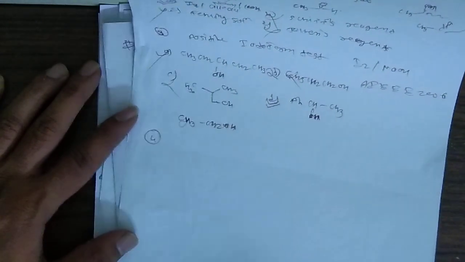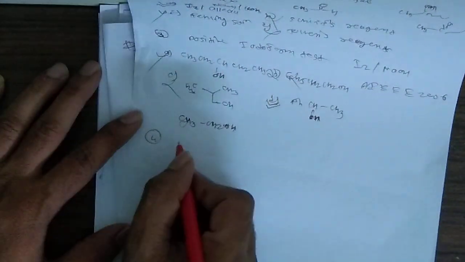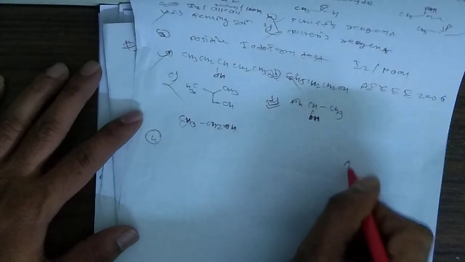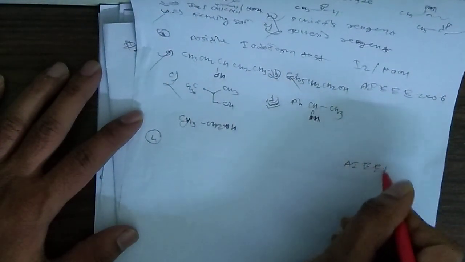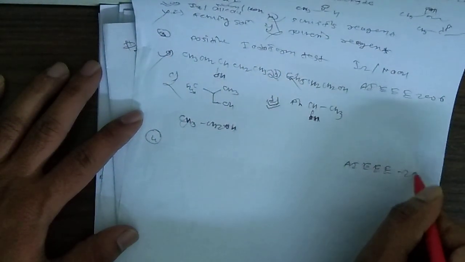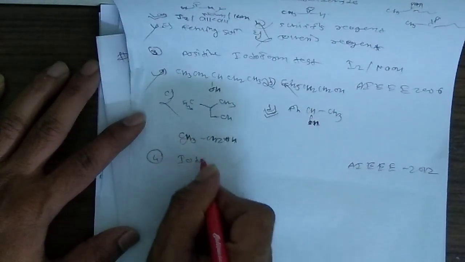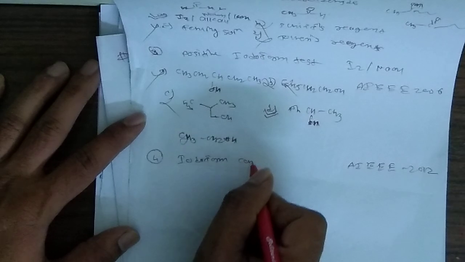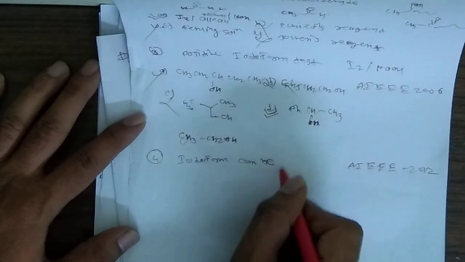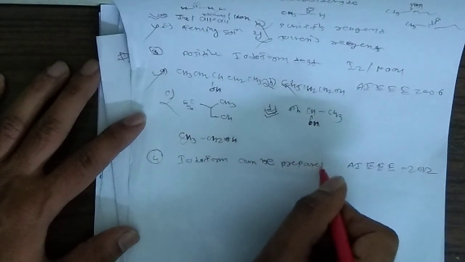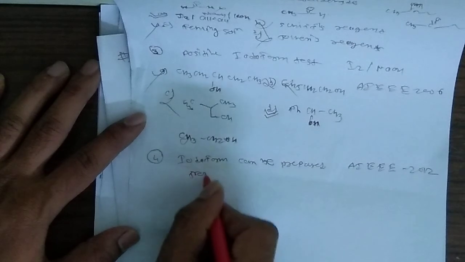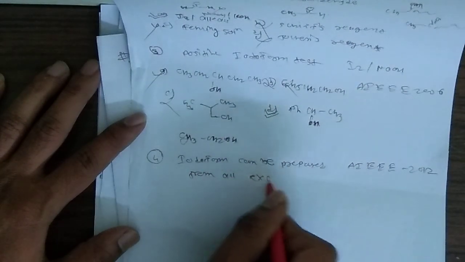Now it comes to the next question. This question was asked in AIEEE in 2012. The question is that iodoform can be prepared from all except.